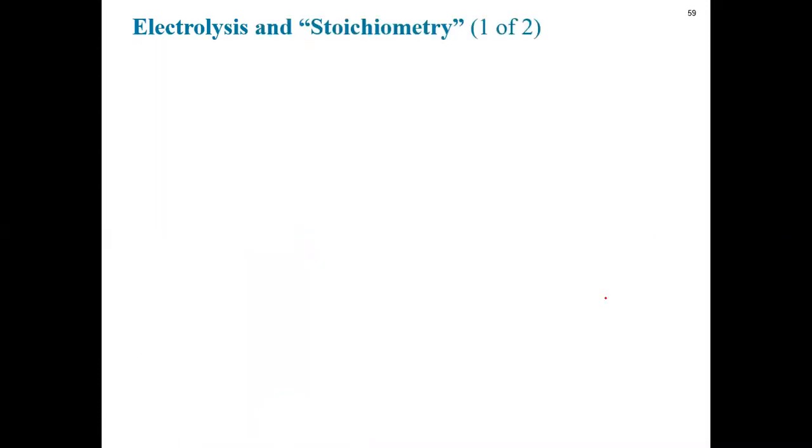The last few questions are about how we do the calculations for electrolysis. We know this is stoichiometry. It's about how much electricity we use, how much metal we can coat on something, or vice versa. So we have to review some common units.